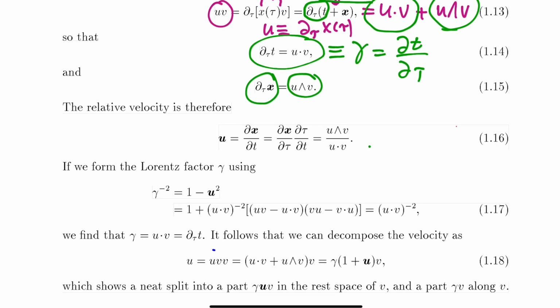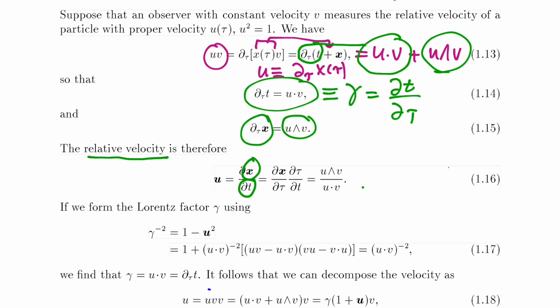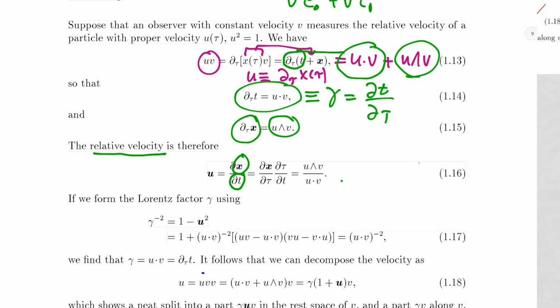So now they say, well, what I want to know is the relative velocity, which means I want to know how fast the relative vector is changing with respect to coordinate time. And this coordinate time is the coordinate time of v, because when you break this up, this dot product is u dot v, not u dot e0. So it's the coordinate time relative to this observer.